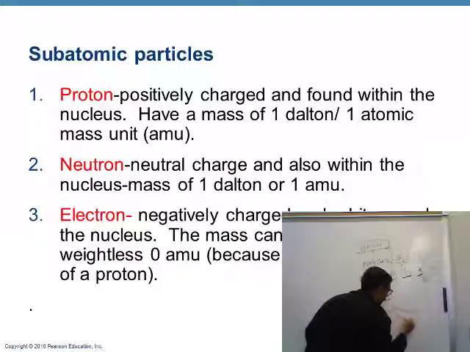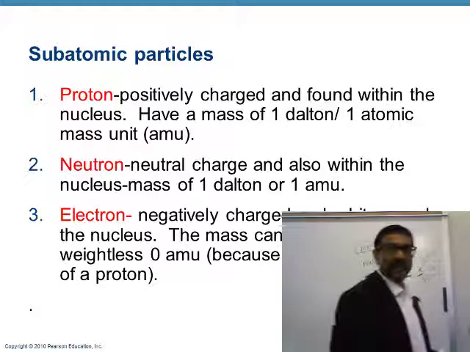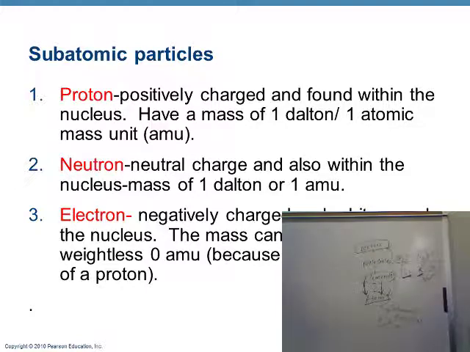Now if you see inside an atom, you will find subatomic particles. Subatomic particles are electrons, protons and neutrons. So these three are present inside the atom, and these are called subatomic particles: electrons, protons and neutrons.